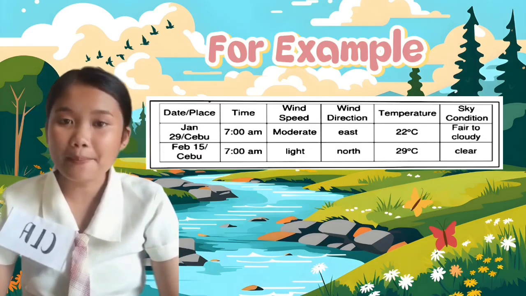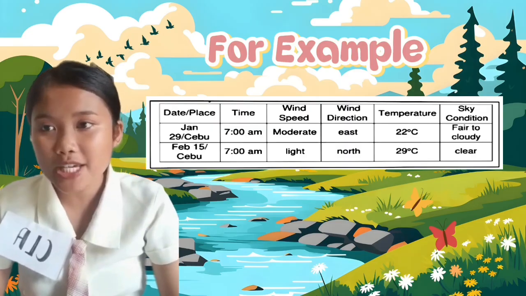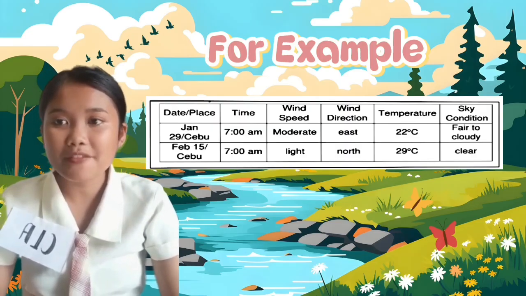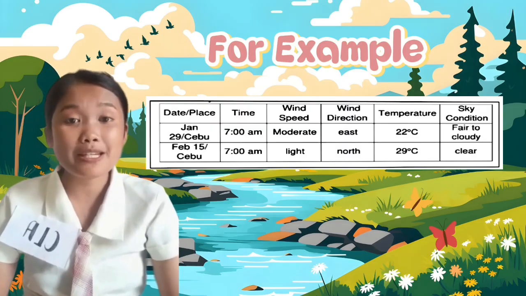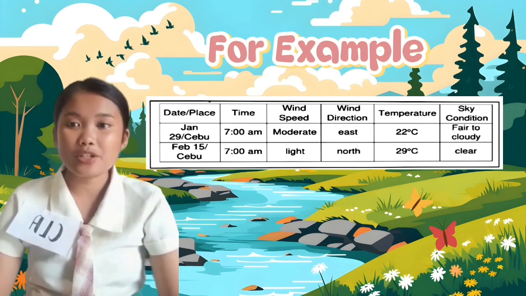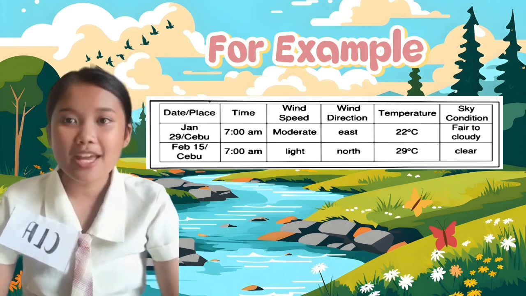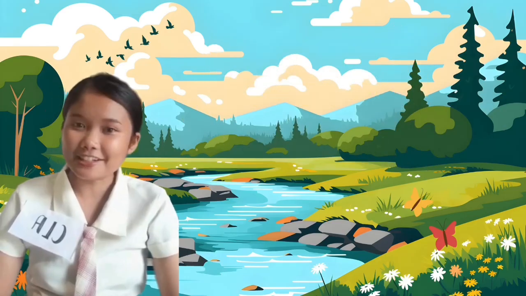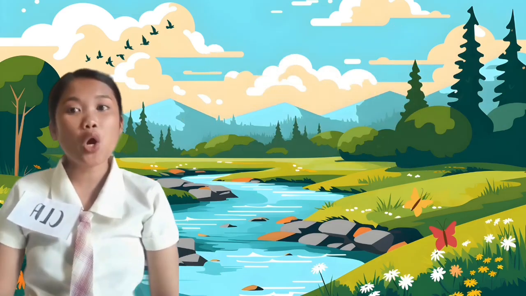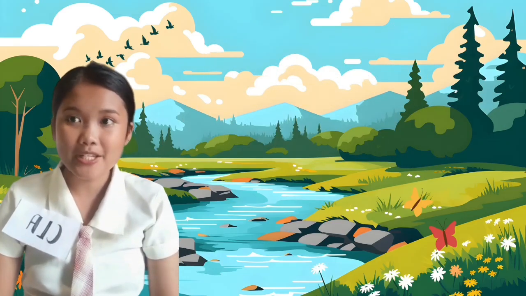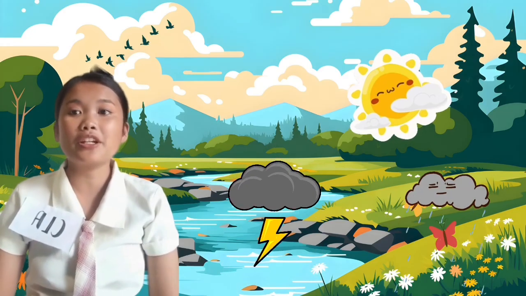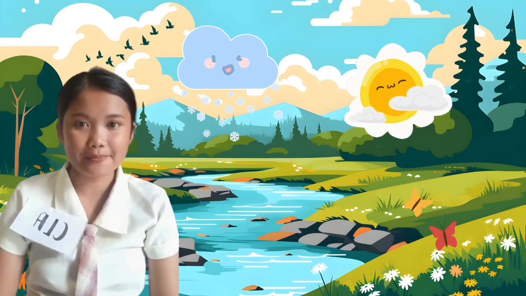The second example is on February 15 in Cebu, 7 a.m. The wind speed is light, the wind direction is north, and the temperature is 29 degrees Celsius. So the sky condition is clear. So the weather chart contains weather components which determine the weather condition at any given time.